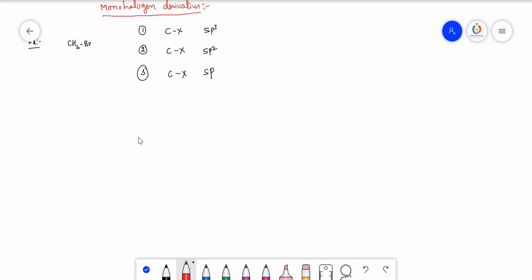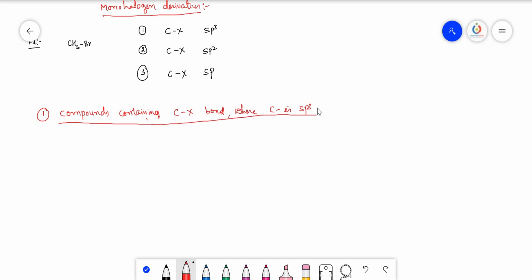In this first category we can write that compounds containing a C-X bond where the carbon is sp3 hybridized.